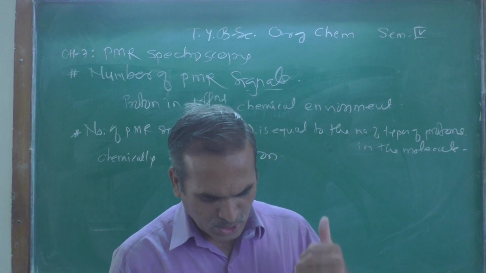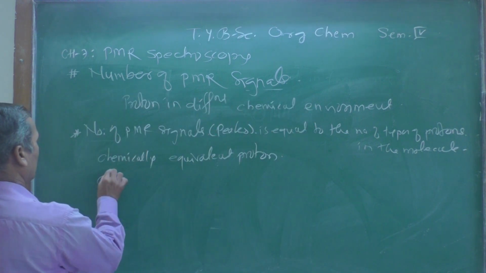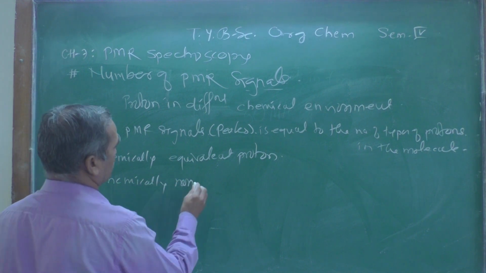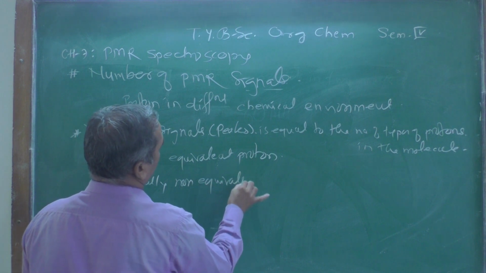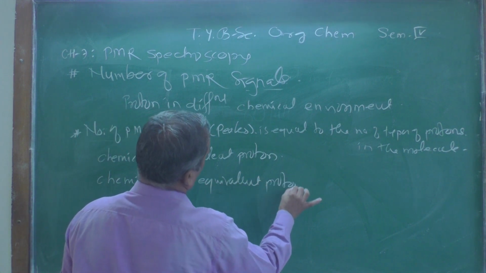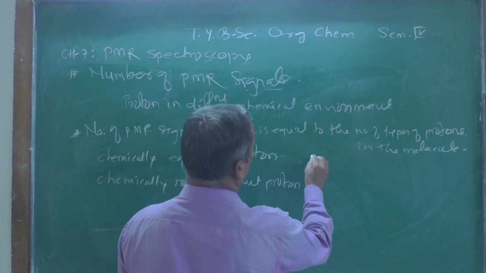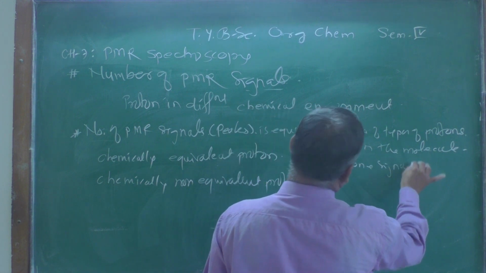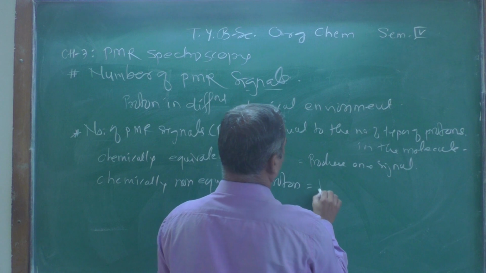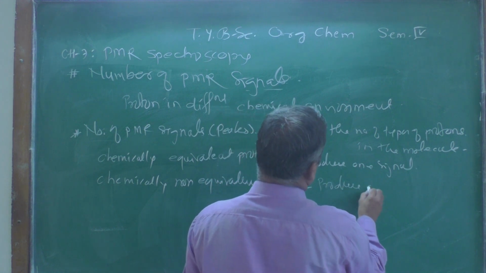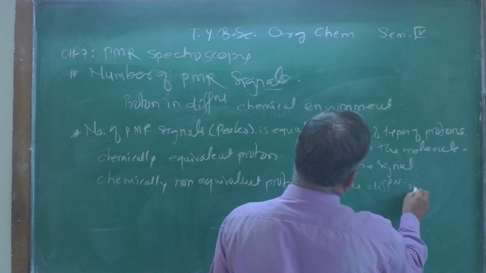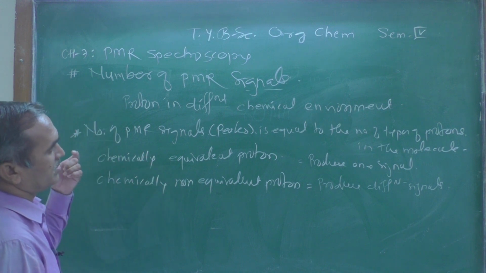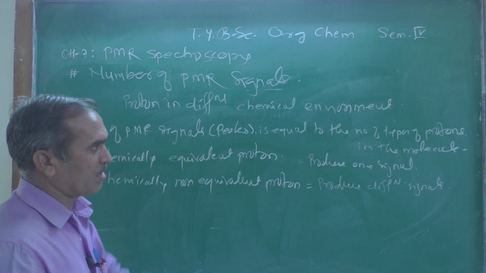But chemically non-equivalent protons produce different signals, because the number of PMR signals depends upon the number of types of proton.